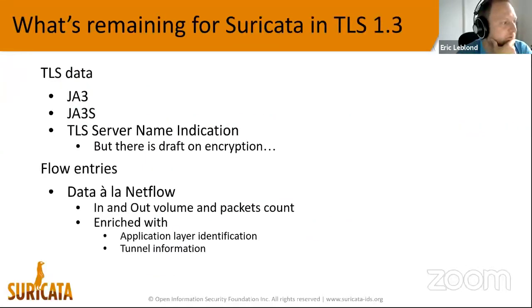What we have left is GS3, GS3S and the server name indication, but there is a draft about removing the server name indication and moving it to the encrypted part. That would be kind of a drama for us if it happens. But what we will have left anyway is the flow entries. Suricata is able to produce NetFlow-like data.